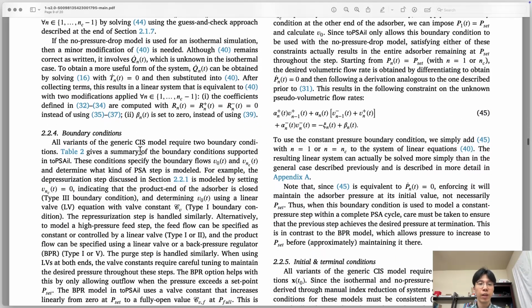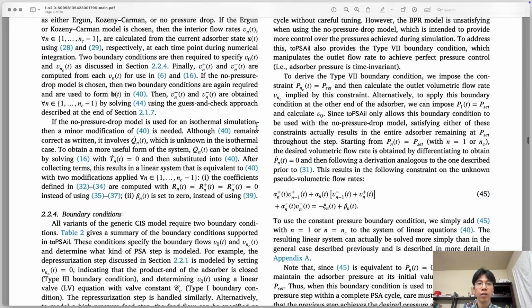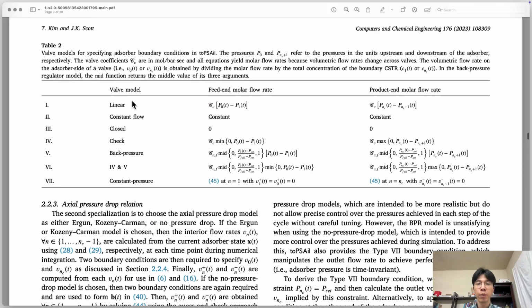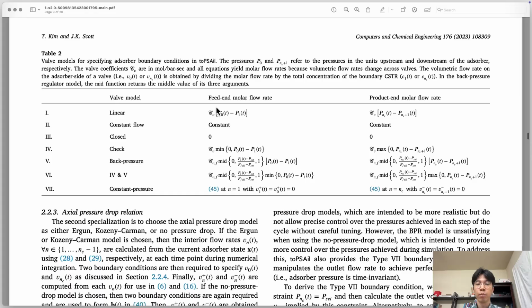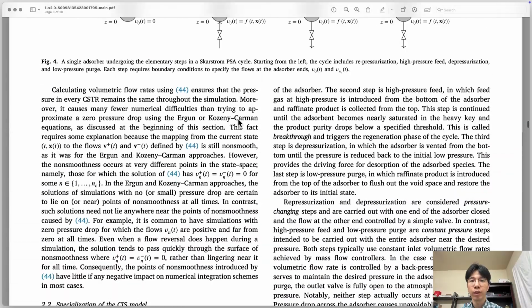Of course, we have a multitude of boundary conditions that are applicable, right? So we have things like linear valves that model the flow between the two different adjacent CSTRs, or even with the environment or the boundaries at the top, at the boundary of these columns, right?